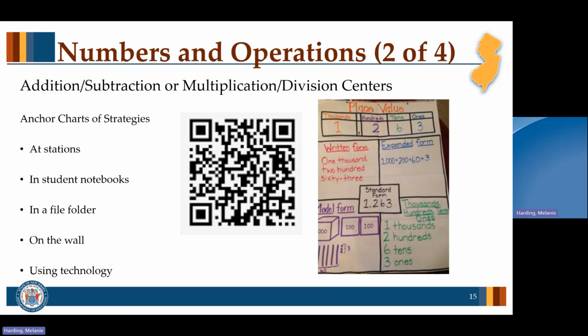Always have anchor charts available with strategies, with realia, with word walls. They could be at the station, in folders, in their notebooks, and on the wall. Some of my teachers use QR codes. I never did that personally. I don't know if that was happening when I was still in the classroom, but they would put it on QR codes and the kids could just scan it with their iPads and have it right in front of them.